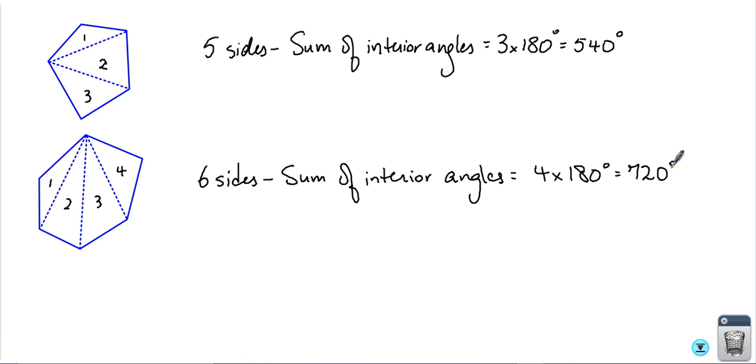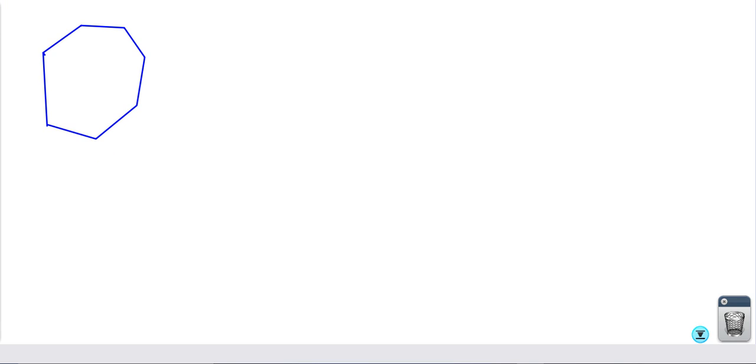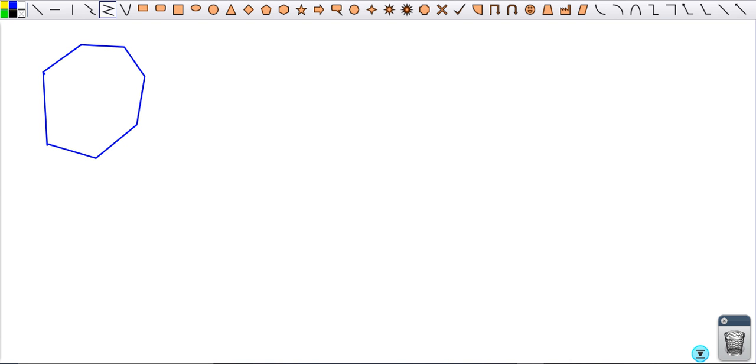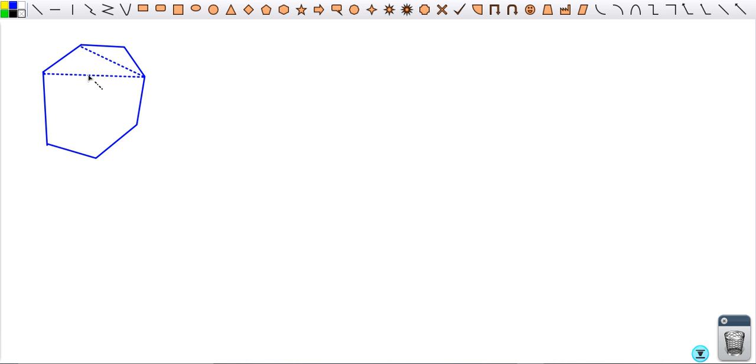Interesting what's happening. The next shape is going to have 7 sides. So how many triangles will it have? If we continue the pattern, let's see. So a 7-sided shape. That is a 7-sided shape. I'm going to draw triangles. Take one vertex, divide into triangles.